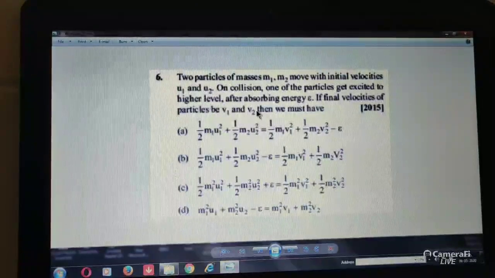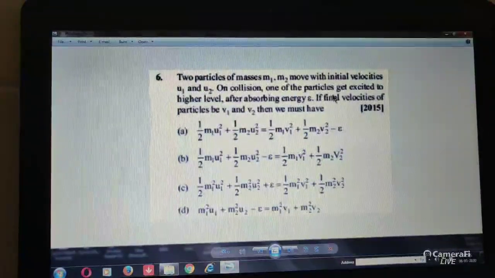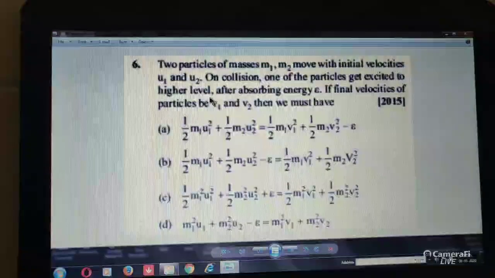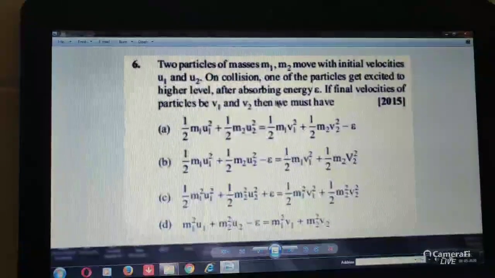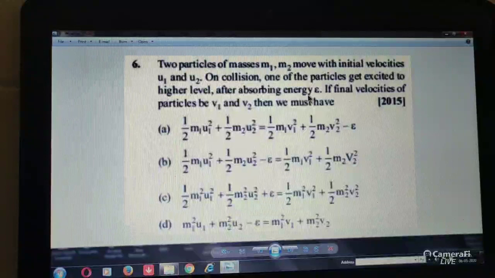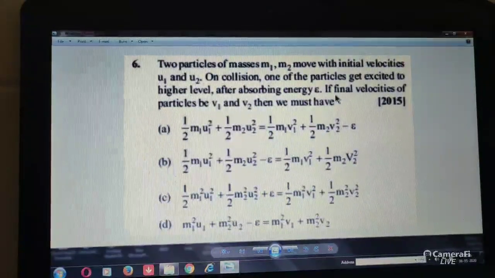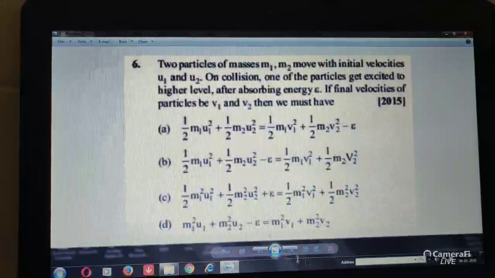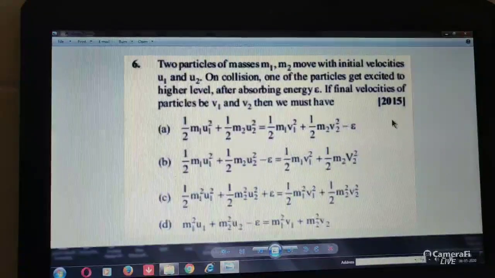On collision, one of the particles gets excited to a higher level after absorbing energy epsilon. If the final velocities of the particles are v1 and v2, what is the relation? This question was asked in 2015.